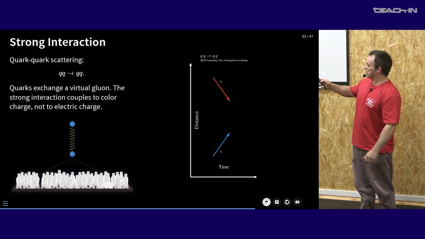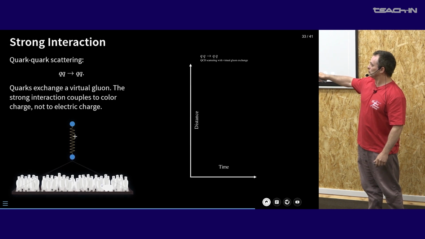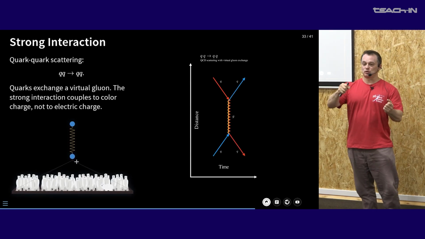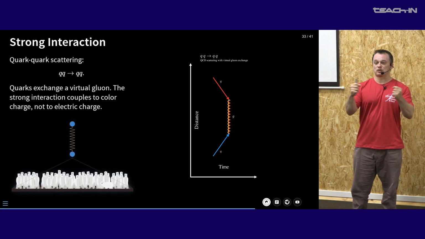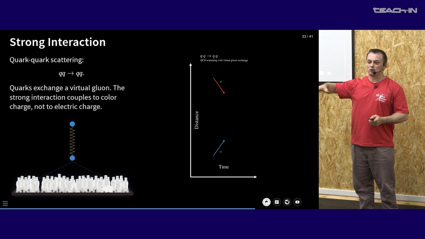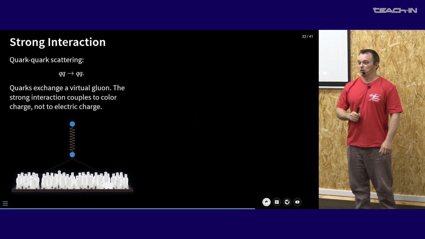If these two blue balls are two quarks, and you imagine gluons between them as just a spring, and you want to estimate the force of this spring, you put some weight in order to have the same force which acts between two quarks.